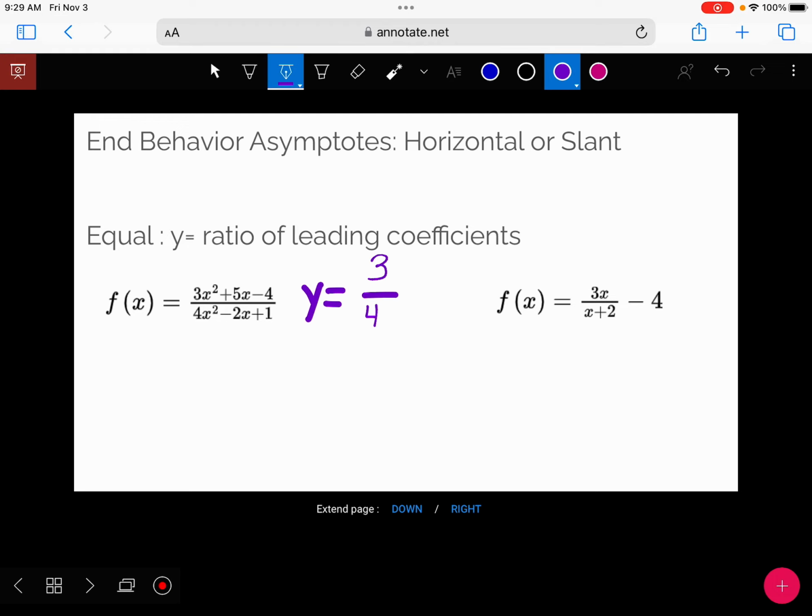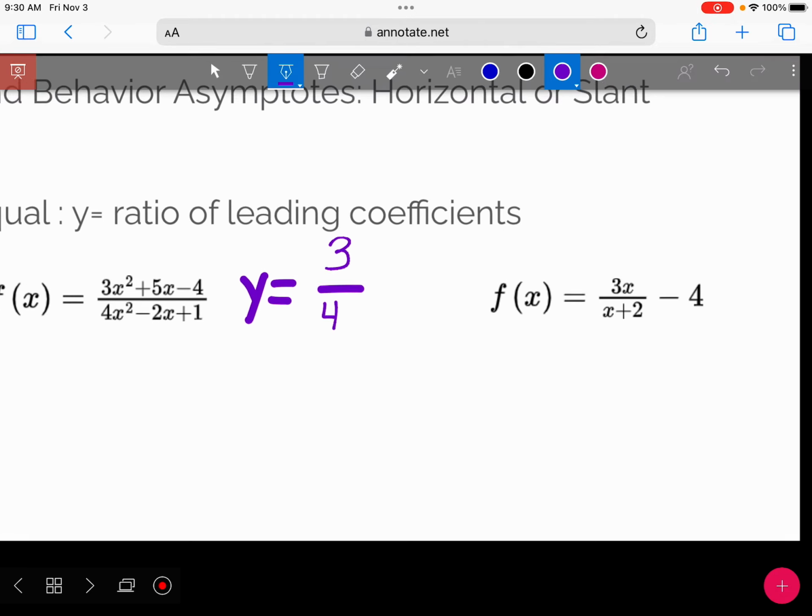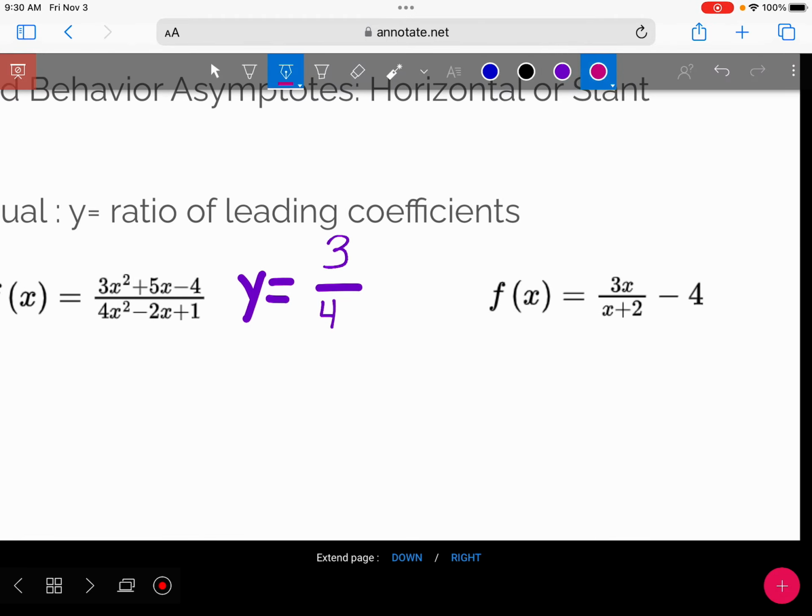If it's not in P over Q, so if it's in something that looks like this, combine our like terms. We're going to have to make our common denominator and combine it together. And then it's the same thing. So for this right-hand one, I need to make these have a common denominator, which means I'm going to take my 4 and multiply it by x plus 2 over x plus 2, right?